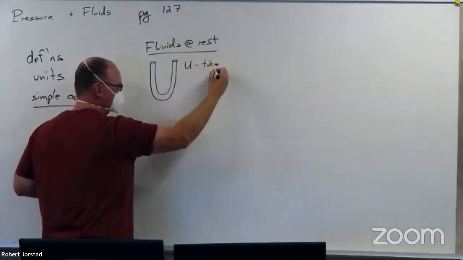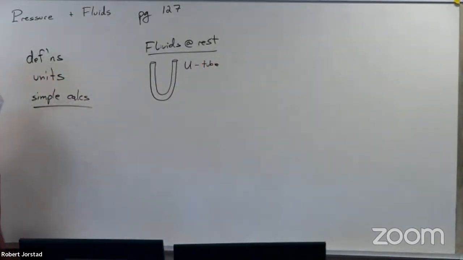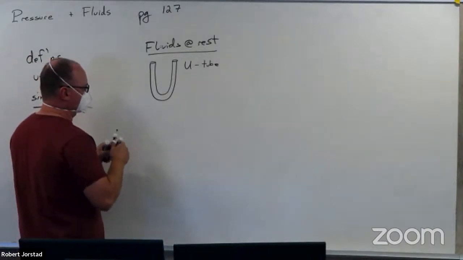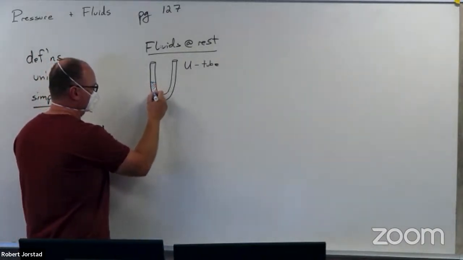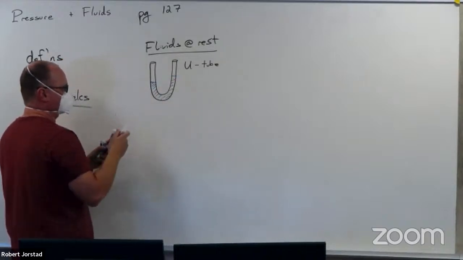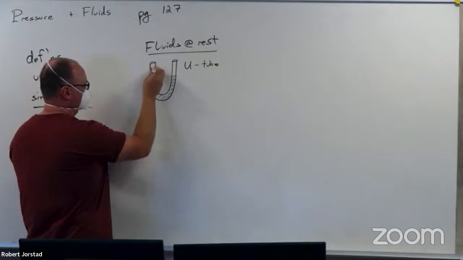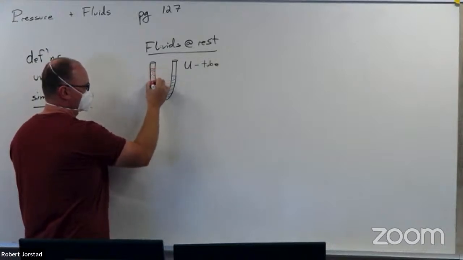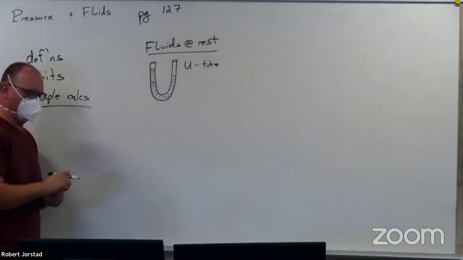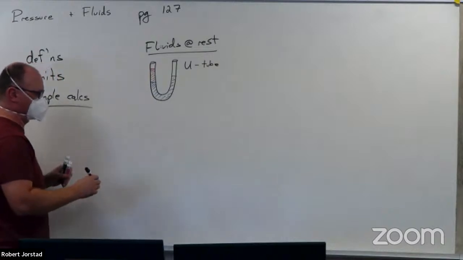Now, this is old school, like 1800 U-tube, where it's literally a tube shaped like a U with some fluid in it. And you can have different types of fluids in here, and they might stack up like oil and water and things like that. So this is one example of a fluid at rest. And remember, you don't need to write any of this down. I'm just giving you a big picture.